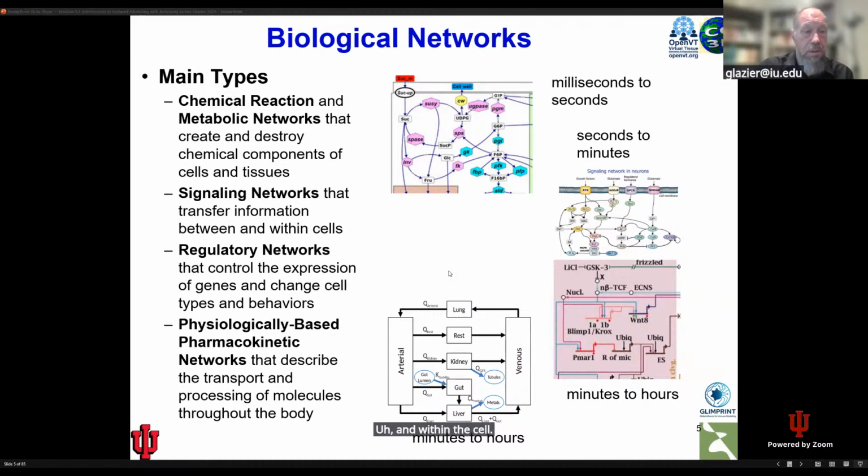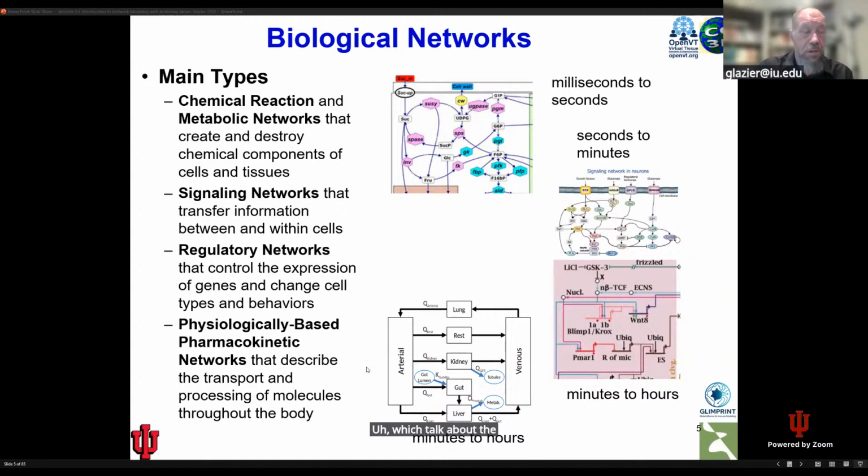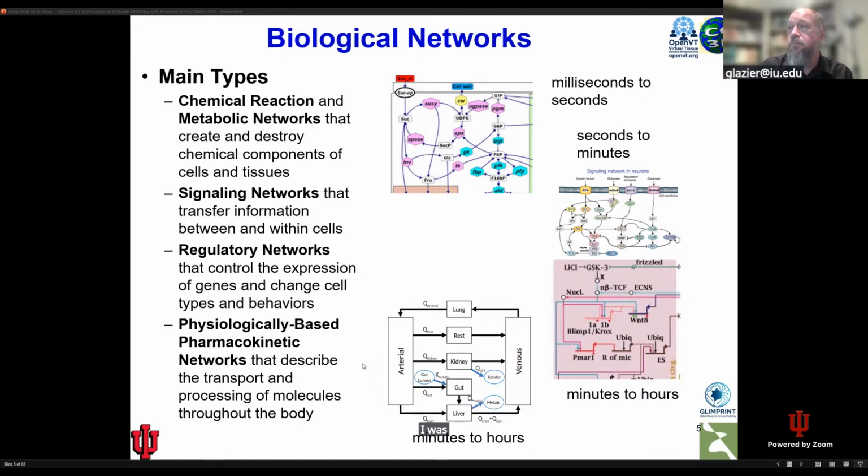Regulatory networks control gene expression in cells. What are called physiologically based pharmacokinetic networks, usually abbreviated PBPK networks, which talk about the absorption, distribution, metabolism, and elimination of drugs and other chemicals in the body, as those transport networks.